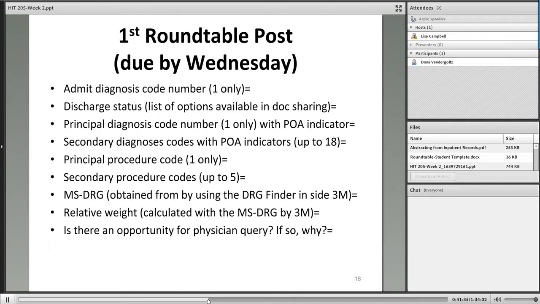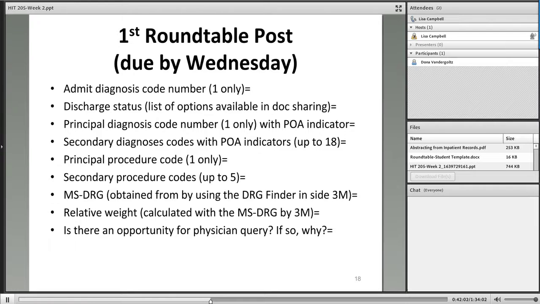So those documents are very, very important because the inpatient records, because they're longer, they tend to be a little bit intimidating. All right, so what's going to happen is each and every week you're going to read through 2 cases, and from those 2 cases, there are 9 questions that you have to answer for each and every case.